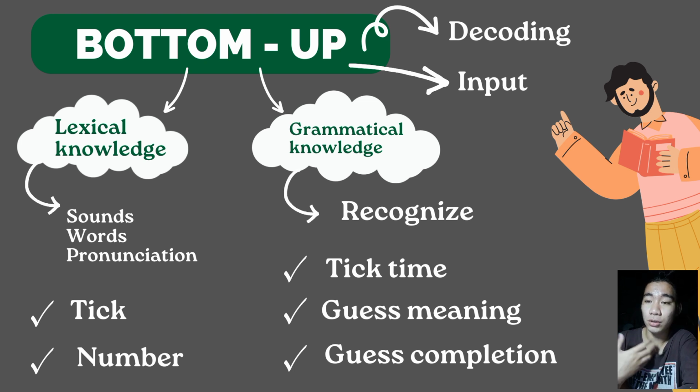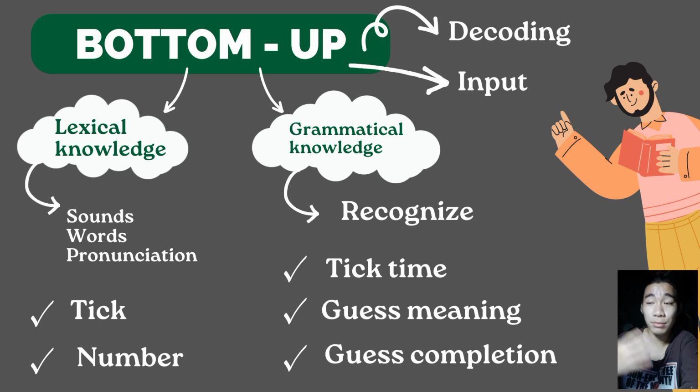Or to number the words, for example, this is number one, number two, number three, as they hear what they're listening to. You can also include activities like completing sentences with words they hear in what they're listening to. So teaching listening involves training the students on lexical knowledge using these activities.